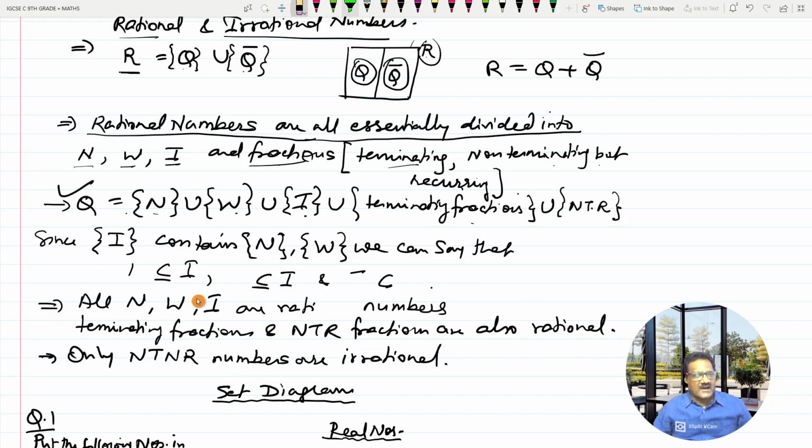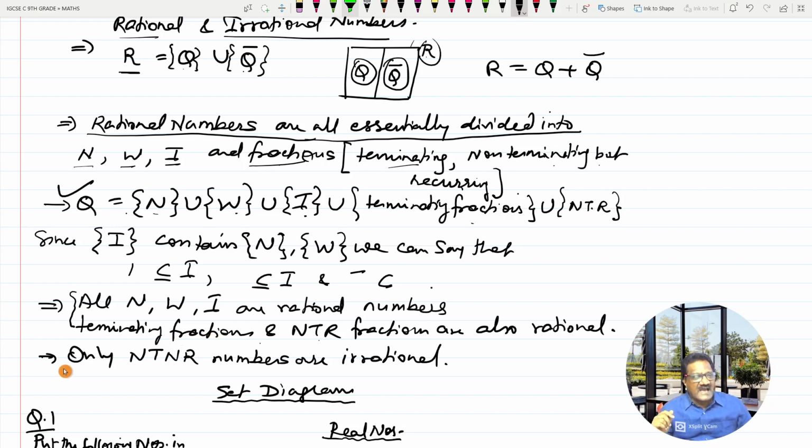All natural numbers, whole numbers and integers are rational numbers. Terminating fractions are also rational numbers, and non-terminating recurring fractions are also rational numbers. So from here you come to know there are so many numbers you can identify. If they come in any one of these categories, you can say it is a rational number.